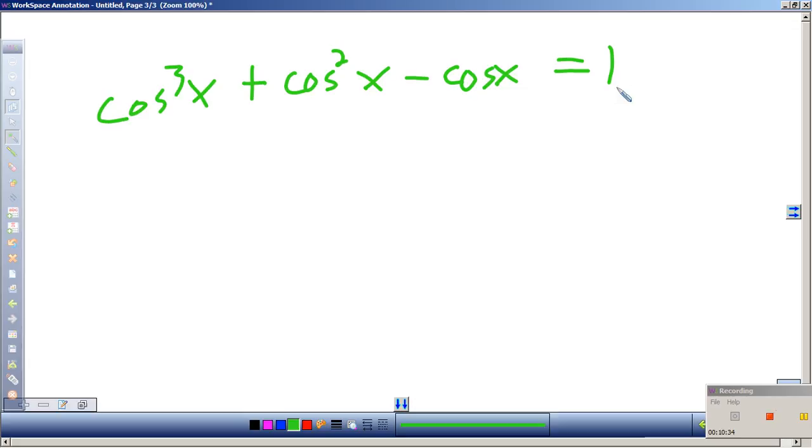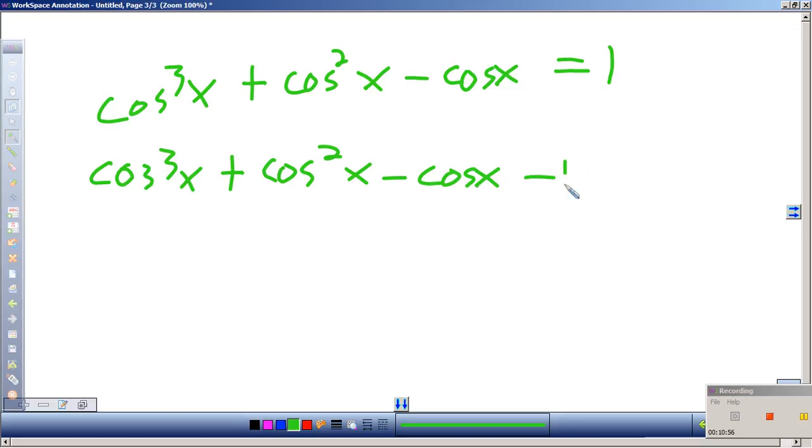Unfortunately it's not going to work with this one. You can do that, but what's the problem? Yeah, so we're going to have cosine cubed x plus cosine squared x minus cosine x minus 1 equals 0.